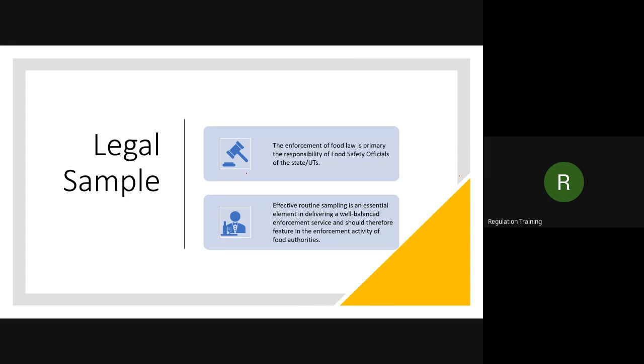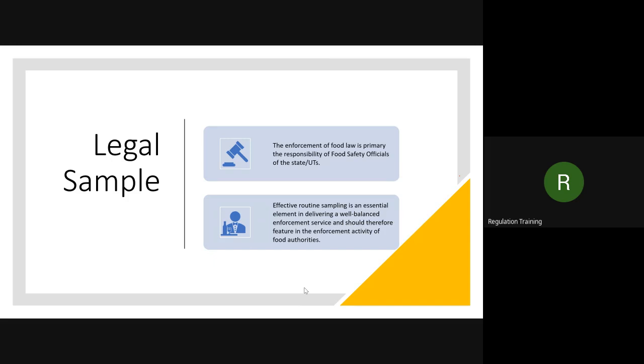So the food safety officer is the person of the enforcement agency who will be in direct contact with the food business operators. Sometimes the food authority organizes a meeting with the food operators, and to communicate the training date or meeting date, the food safety officer will be in touch with the food business operators. So that is the main job of the food safety officer.